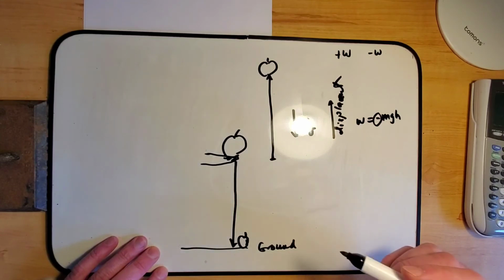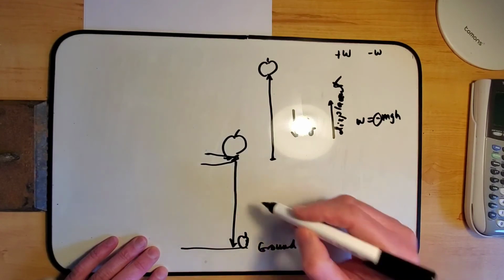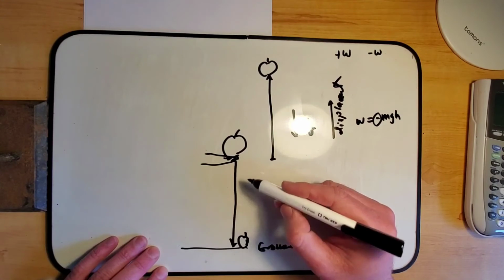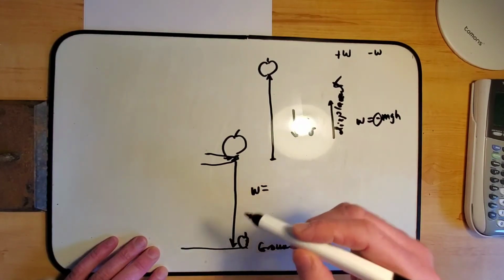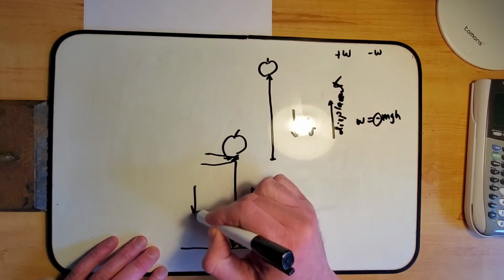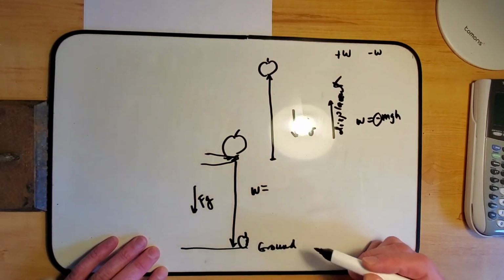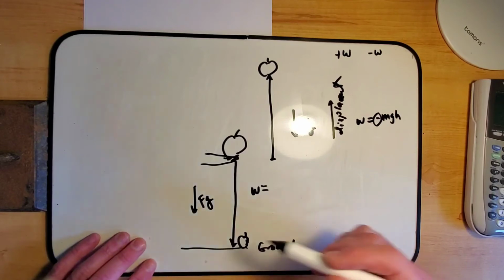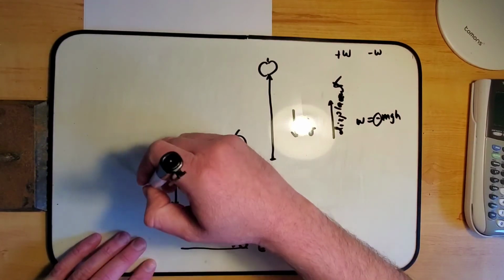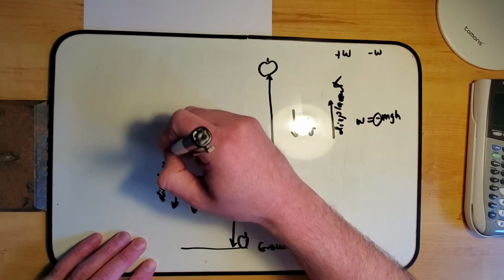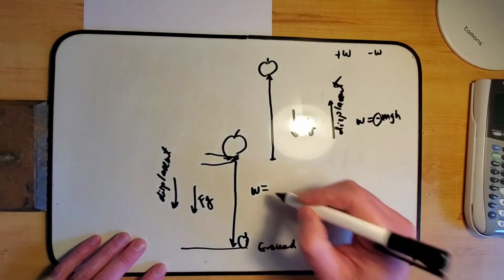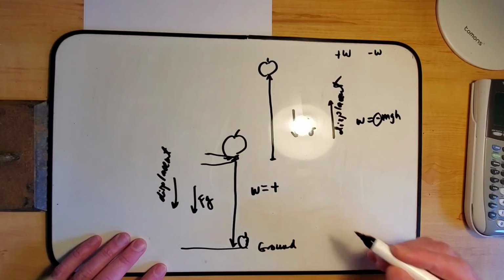What's interesting here is whether the work is positive or negative, so let's analyze it. The force of gravity, F sub G, is of course in the downward direction, but the displacement is also in the same direction.